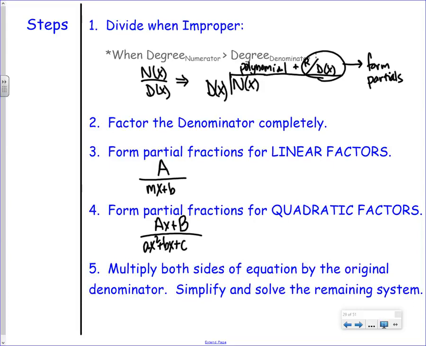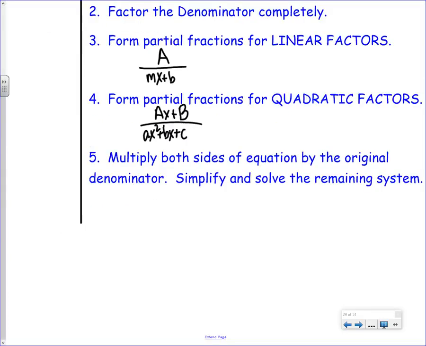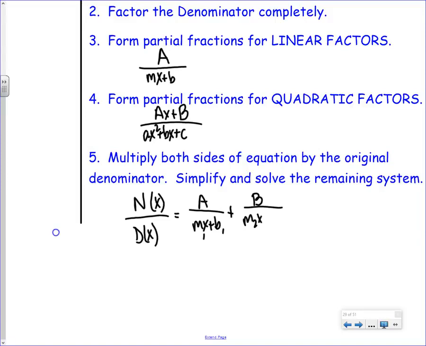And then once you have this whole shebang, let me show you what I mean. Once you have n of x, the original numerator, over d of x, the original denominator, equal to whatever partial fractions you might have, I'll make, say, two linear ones: m1, b1, m2, b2, and then maybe there's a quadratic one too.